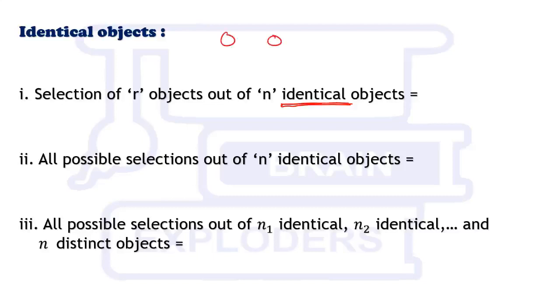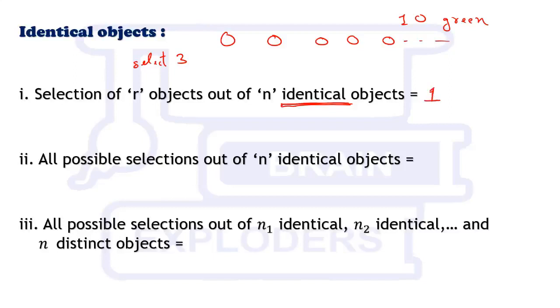Suppose there are 10 green balls given here, and we have to select 3 of them. In how many ways can we do it? Actually, we can do it in exactly one way. Why?